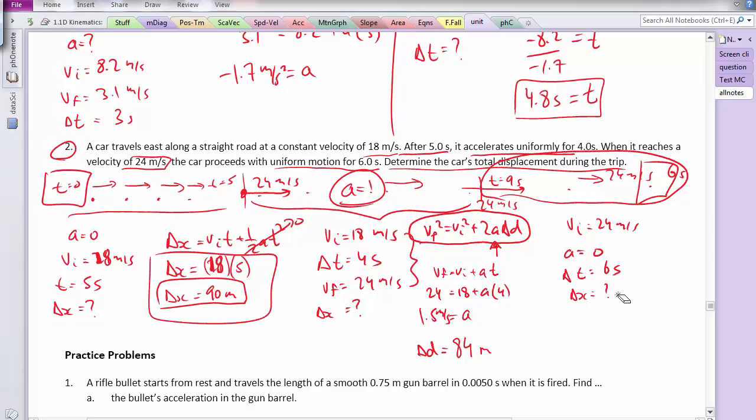So delta x will be equal to 24 times 6, and that's equal to 144 meters. And so the total displacement will be 90 plus 84 plus 144, because you have to add up all the displacements for each of the time intervals, and when you do that you get 318 meters.